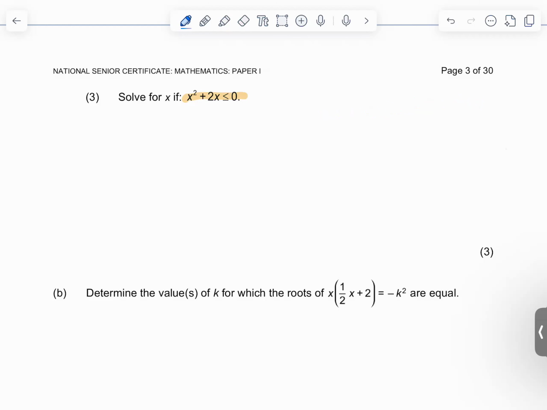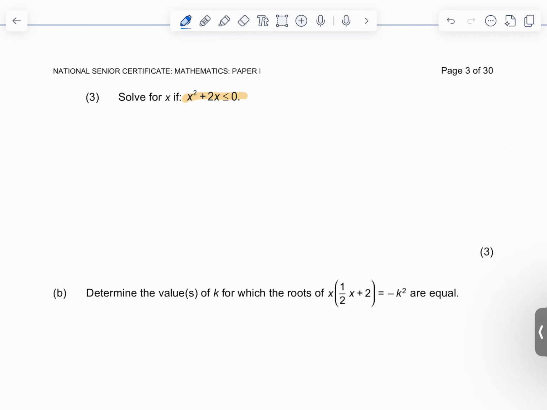The first step of factorization is always checking if you've got a common factor. That is the first step. When you determine the common factor, especially dealing with variables, you will always take the variable that is in all the terms out.